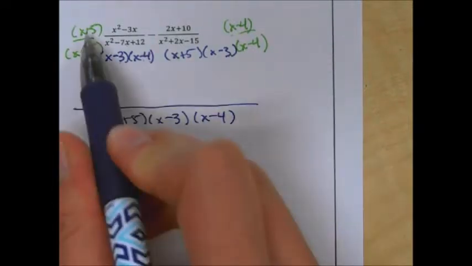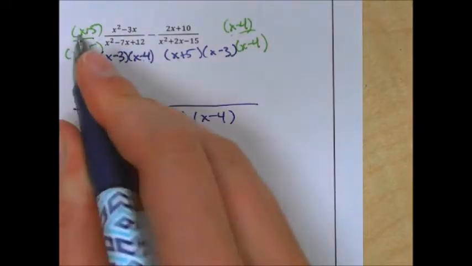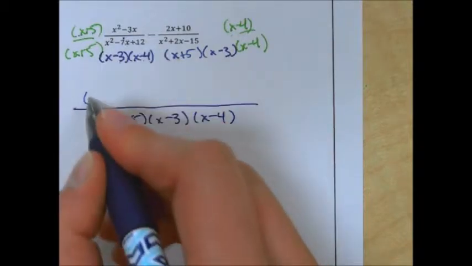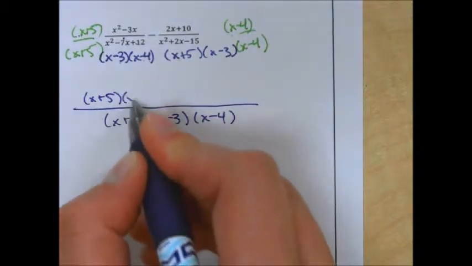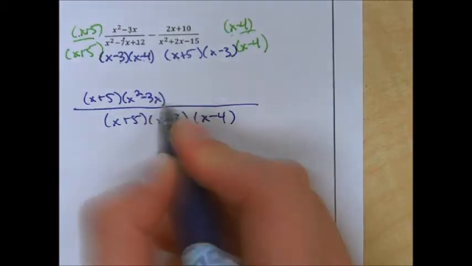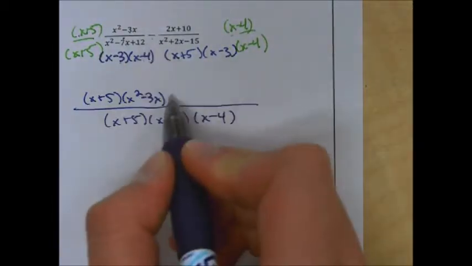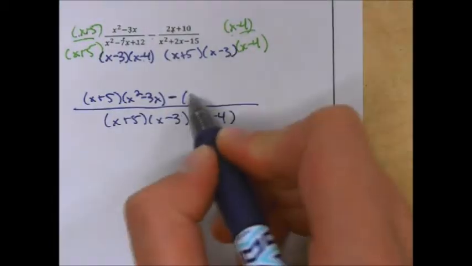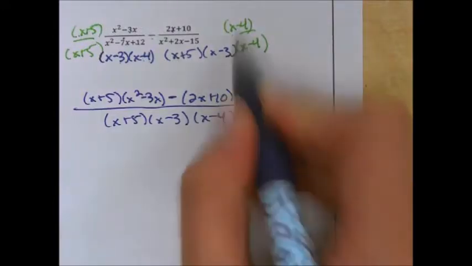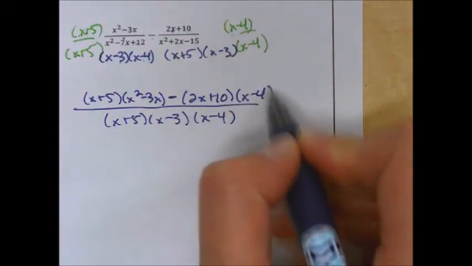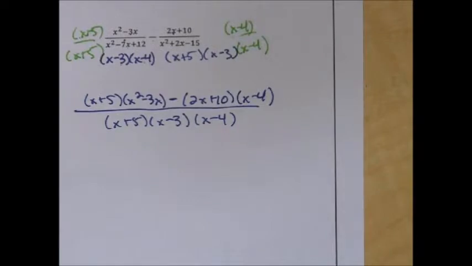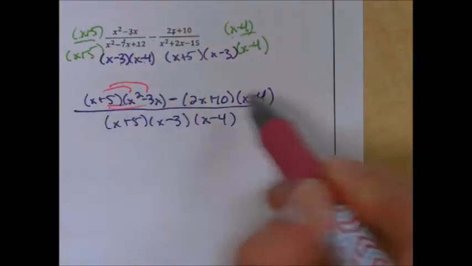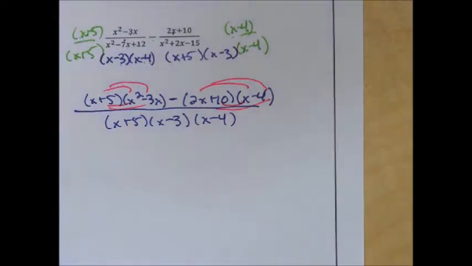All right, so here's our numerator. We're going to have x plus 5 times x squared minus 3x, minus 2x plus 10 times x minus 4. So now we have to FOIL both of these out.